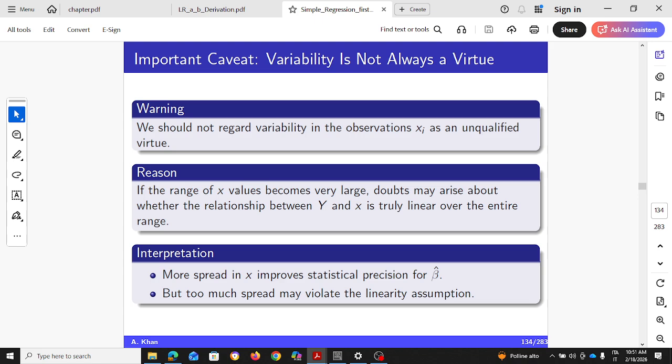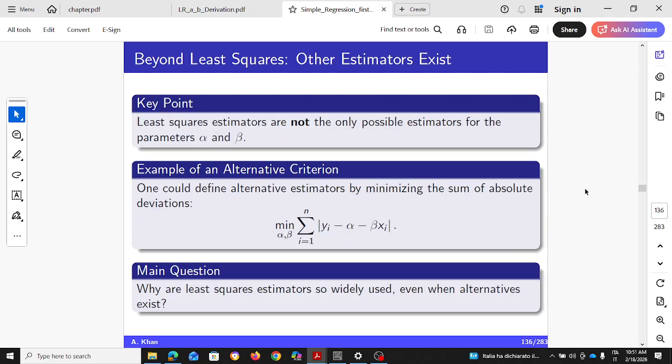So yes, more spread of the data can improve the precision of beta hat, but if we have too much dispersion, then it may violate the linear assumptions. Okay, so be careful about that.